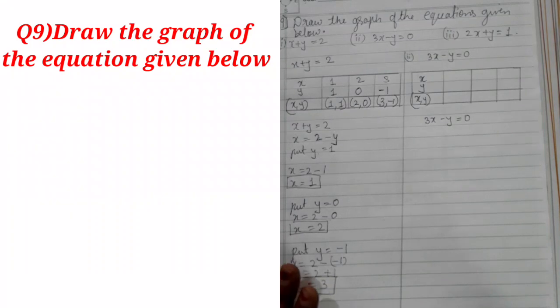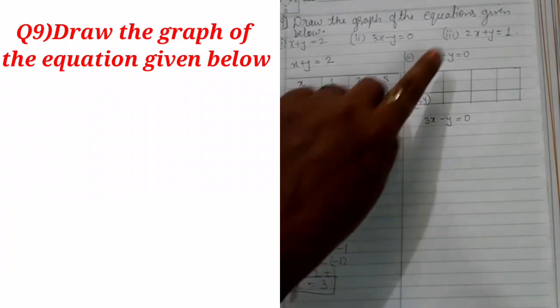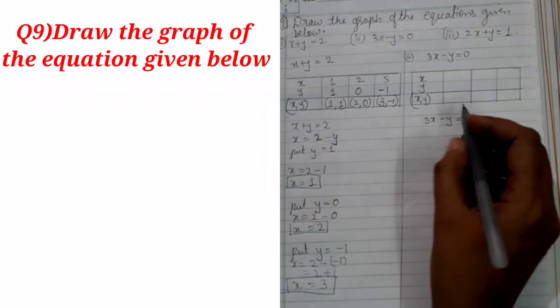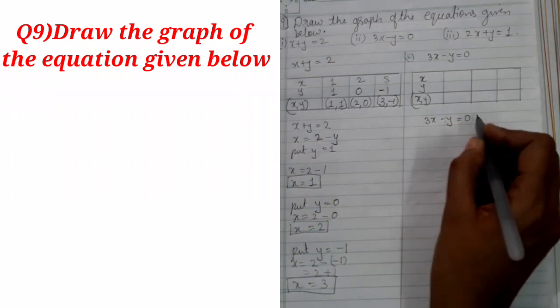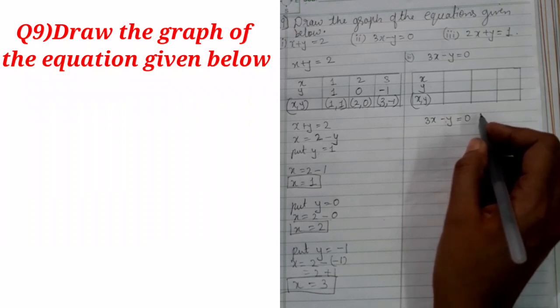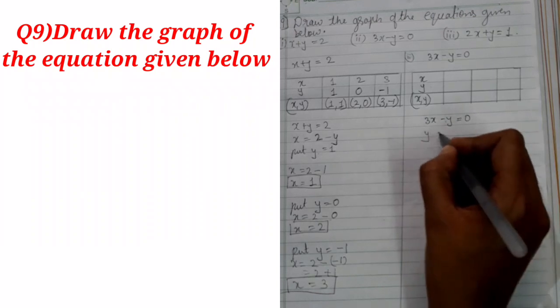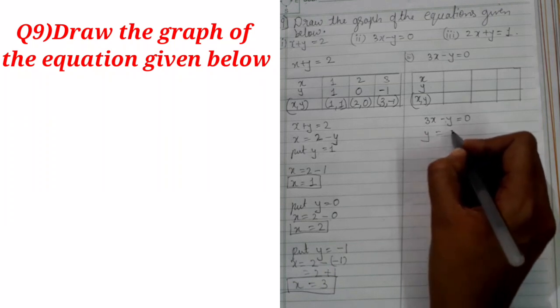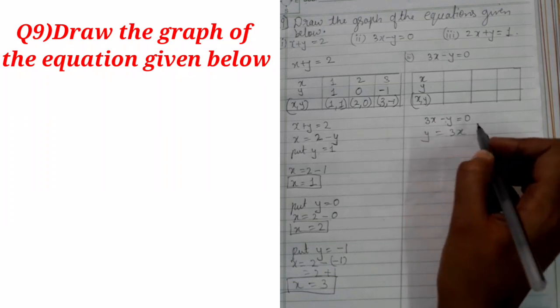Now, how we have solved the first one, in the same way we will solve the second one. And the third equation will be the homework for you. In the second one, it is given minus y, which will shift to the right side and become positive. So y equal to 3x.